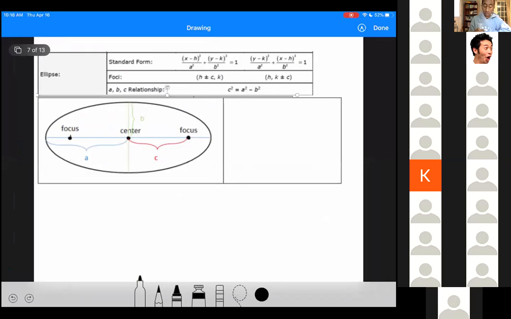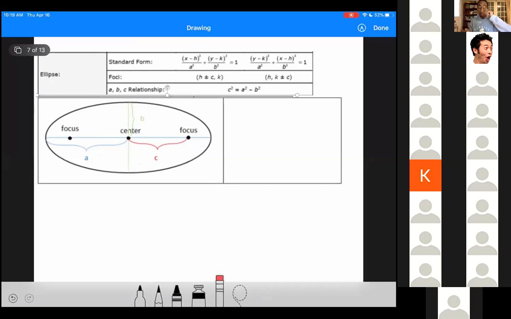And we talked about how if you pick any point on the ellipse, the distance from one focus to that point plus the distance from the other focus to that point, and you pick another point, this distance plus this distance is equal to this distance plus this distance, right? The sum of the distances from the 2 foci to a point on an ellipse is equal for any other point.